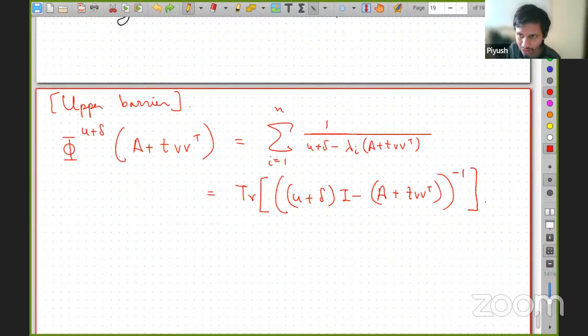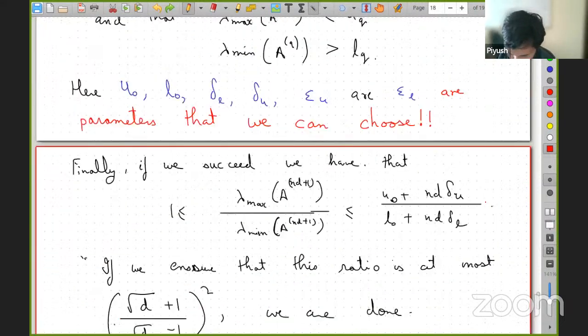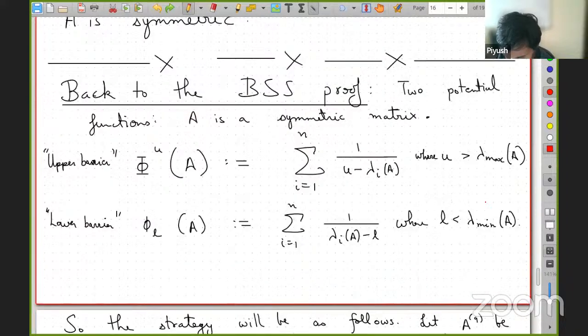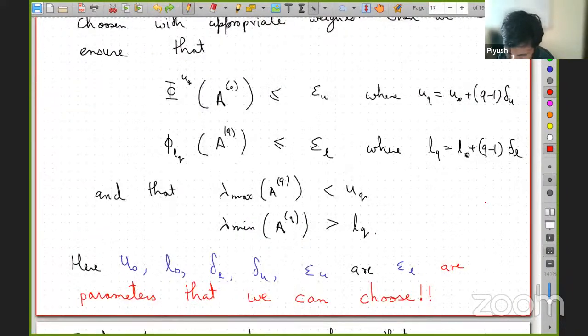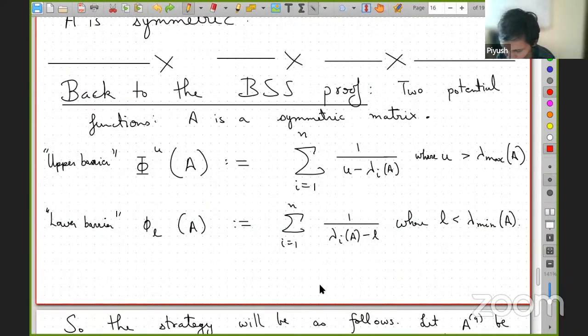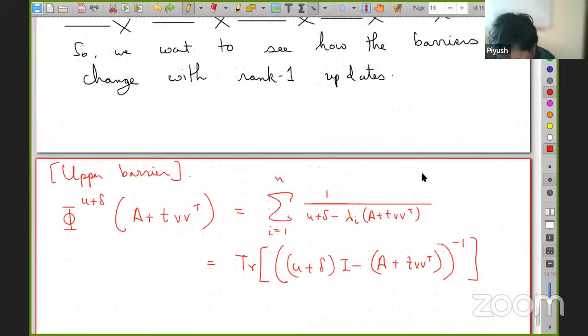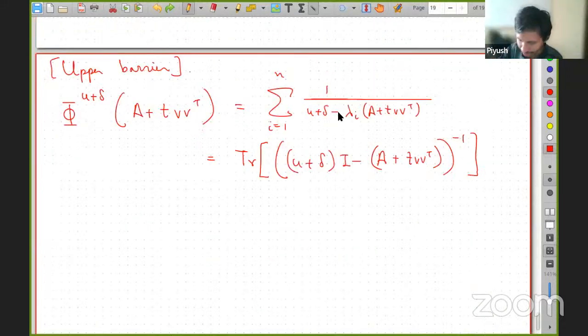This is clear, right? It is just the sum over the eigenvalues of the matrix, which is the trace of (uI minus A) inverse. We know how to handle this with the rank one update, with the inverse.